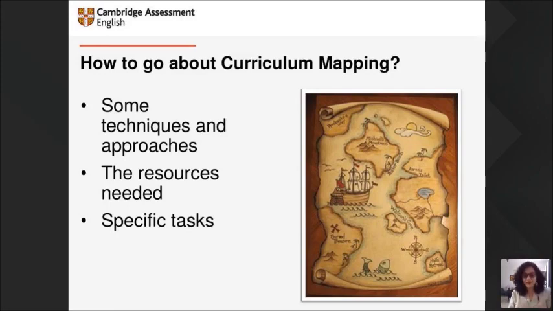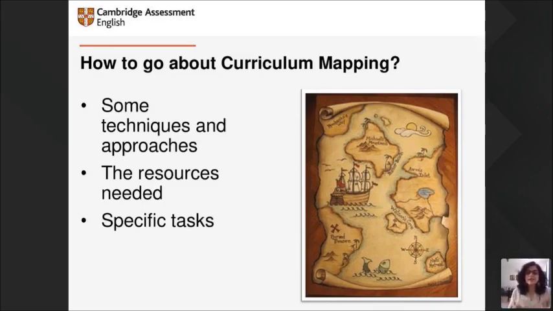We will first look at certain techniques and approaches and do some specific tasks, and you will have a look at some specific templates meant for young learners and middle school. And then we will take up the higher education arena, right? So we'll be looking at both school and college level curriculum mapping.